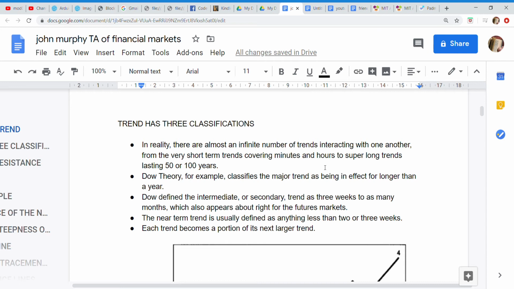That trend is minor, then intermediate, then major.